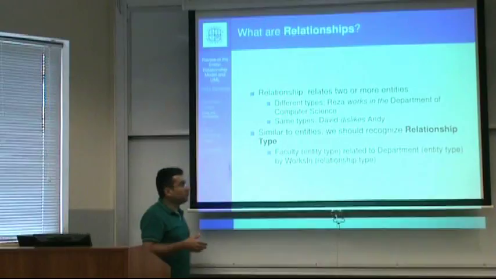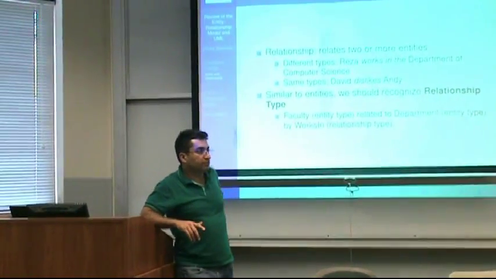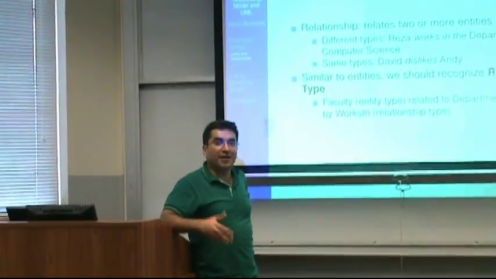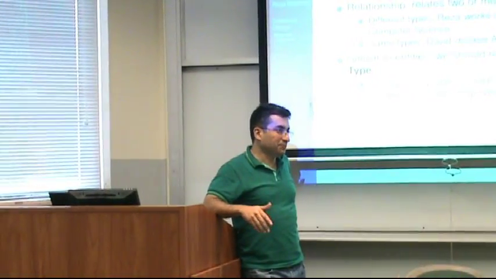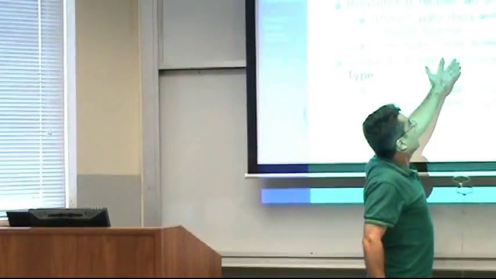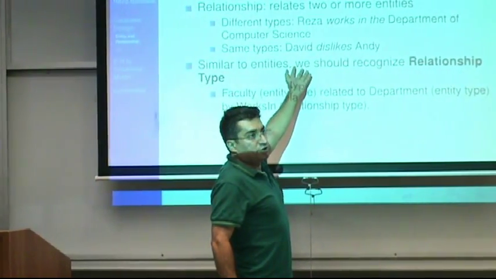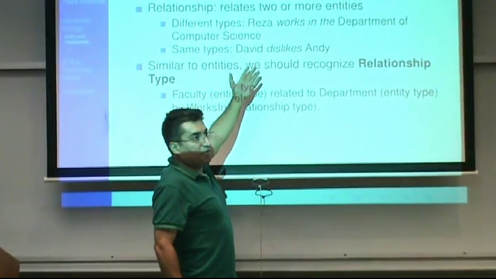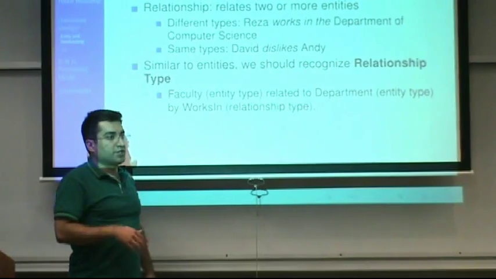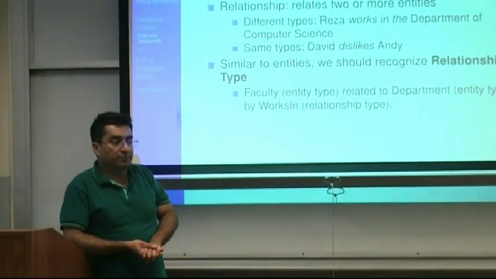Suppose that you can define the relationship of liking people or disliking people or hating people. For example, here I mentioned that David dislikes Andy. Both of these entities are, for example, students or persons. This is a relationship on the same type.